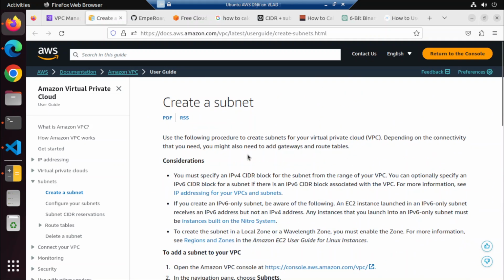Okay, here. Use the following procedure to create subnets for your virtual private cloud.